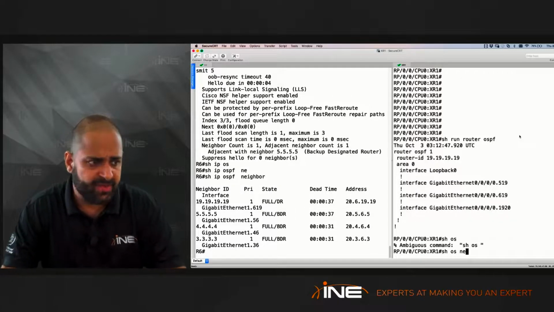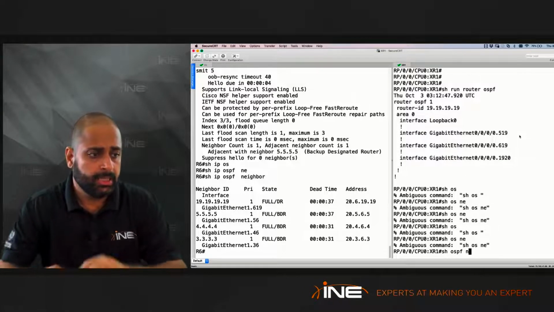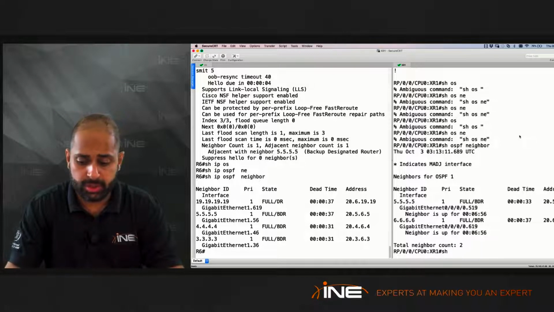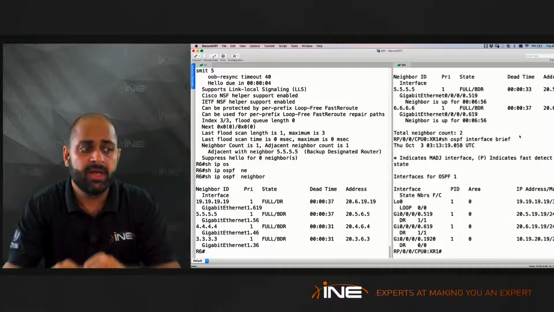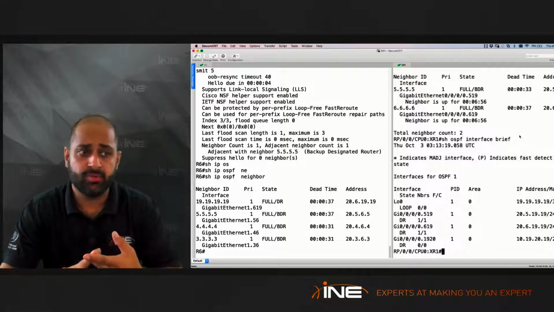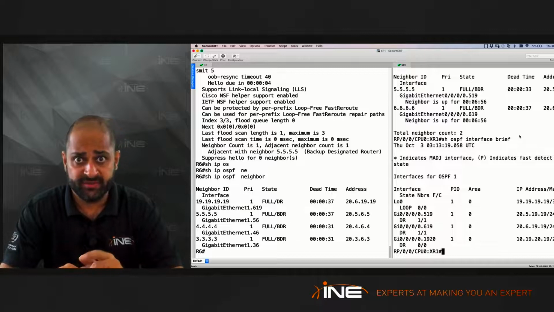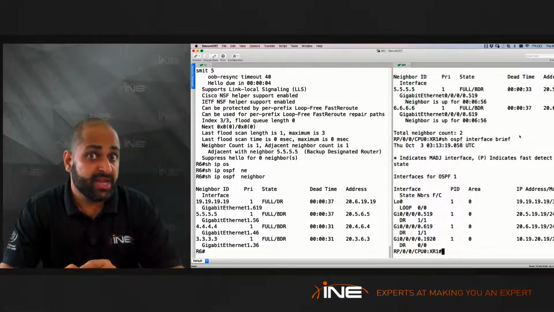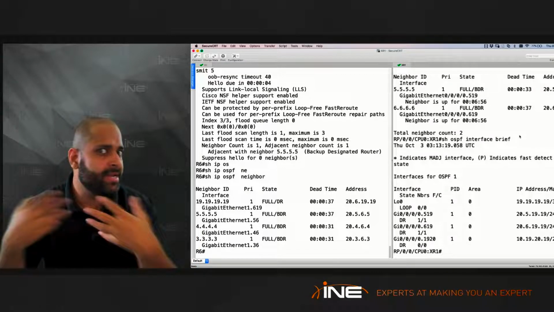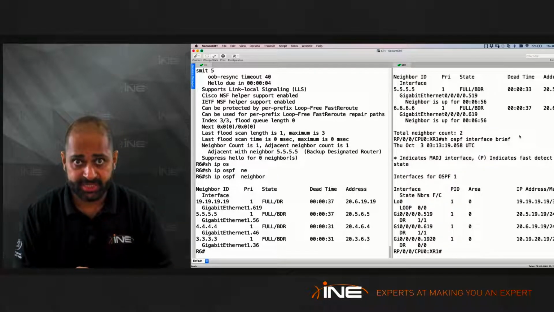If I do a show ospf neighbor, again you should be able to see all your neighbors, and you can always do a show ospf interface brief, which will show you your priority or your neighbor's priority, which area you belong to, and the cost of that link. All that information you can see from show ospf interface brief. You can also do a show ospf interface and the interface number to identify the network type, the hello and dead, because as you know in OSPF the hello and dead should match, otherwise you would not establish OSPF adjacency.